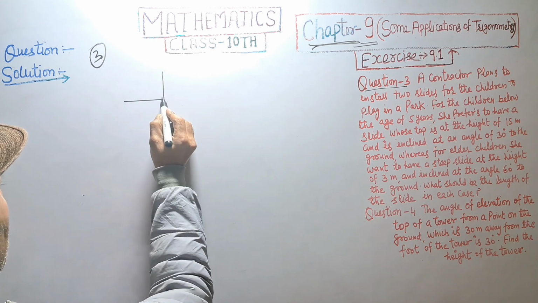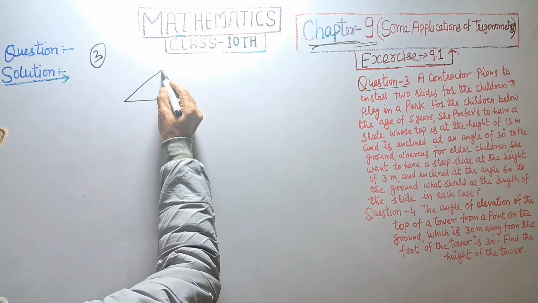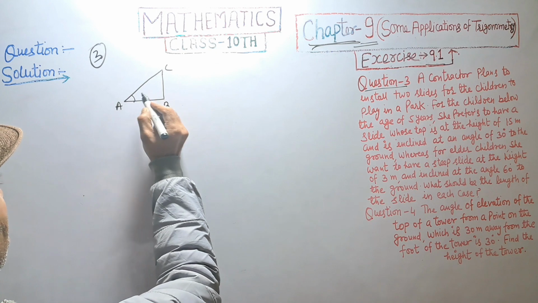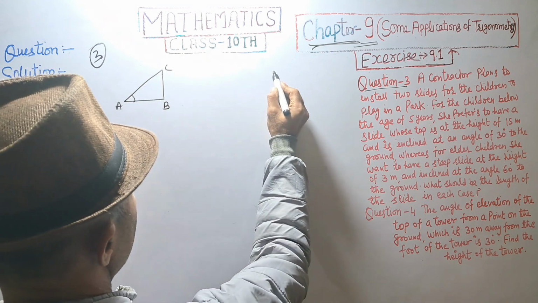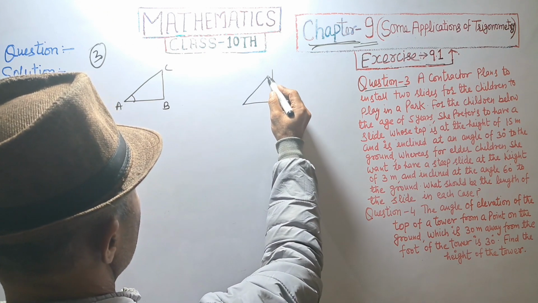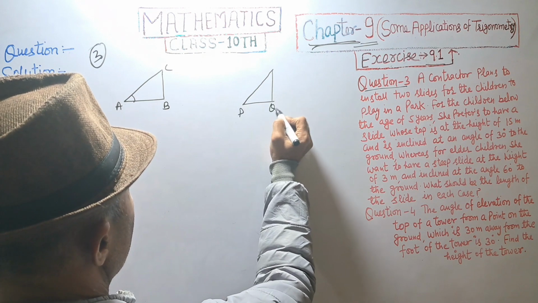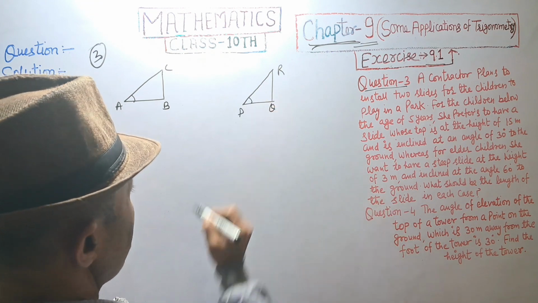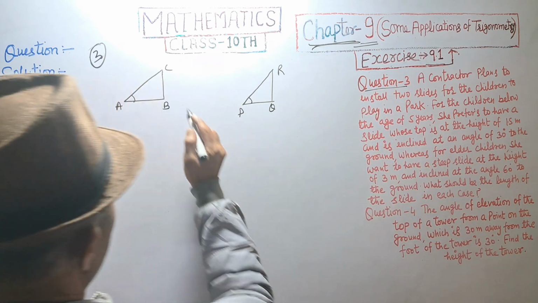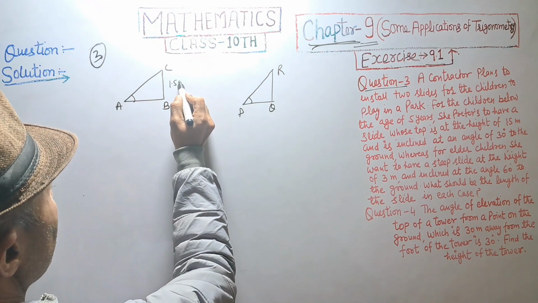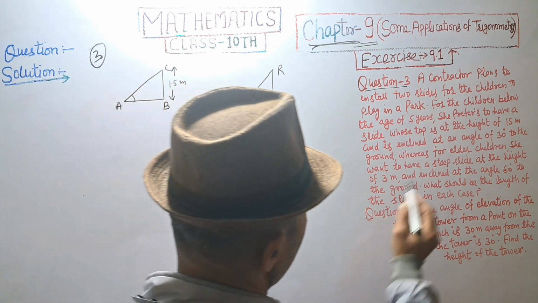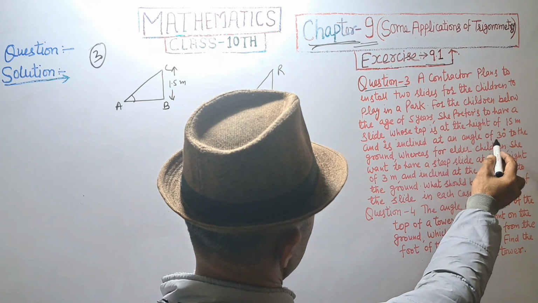Draw two triangles, ABC and PQR. Given height is 1.5 meter and inclined at the angle of 30 degree.